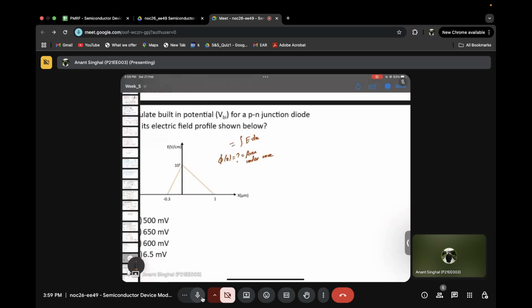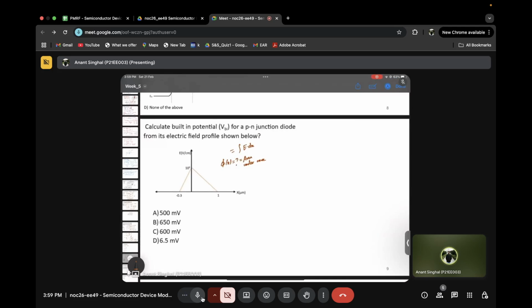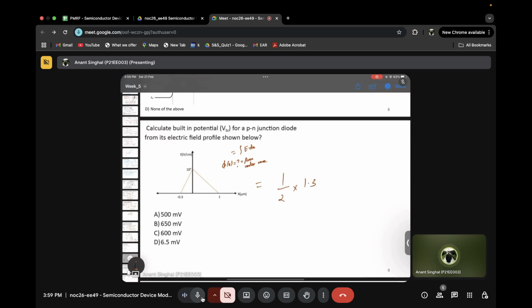Yeah, exactly. So it should be half into 1.3 micrometer, so I'll write in centimeter, 10 raised to minus 4, because this is in centimeter. So that should be 650 millivolts, which is option B.